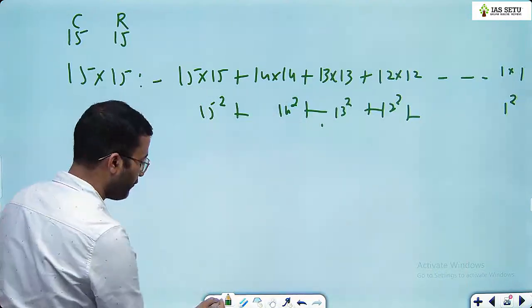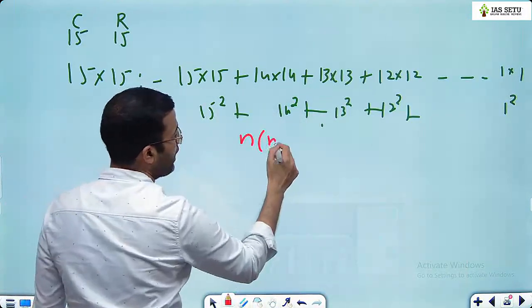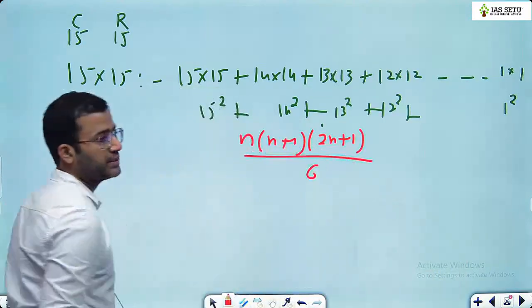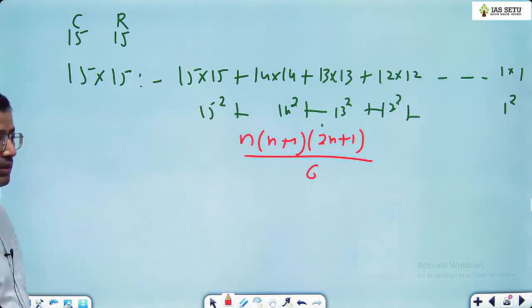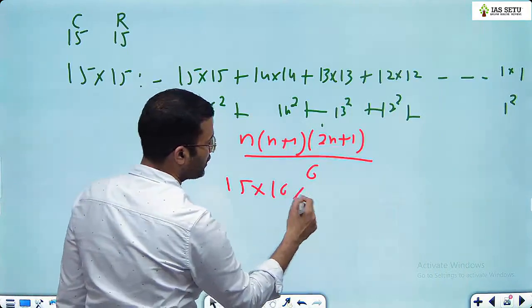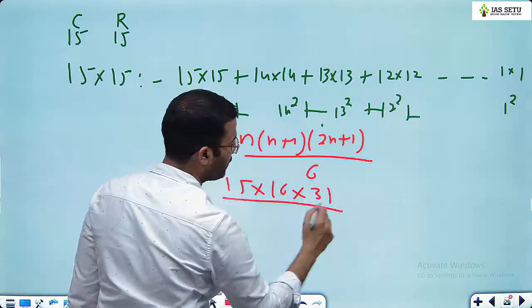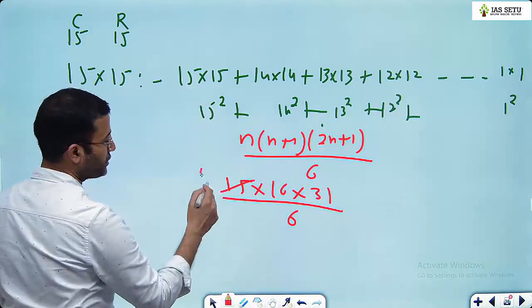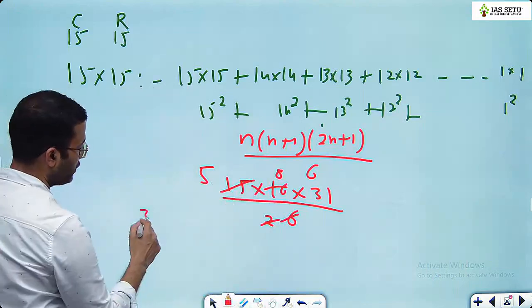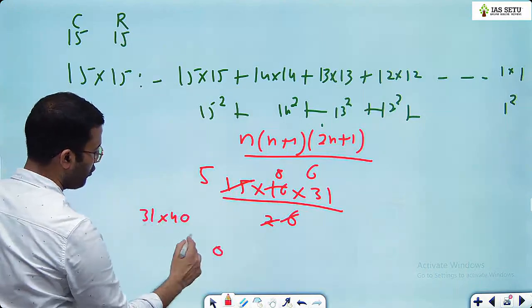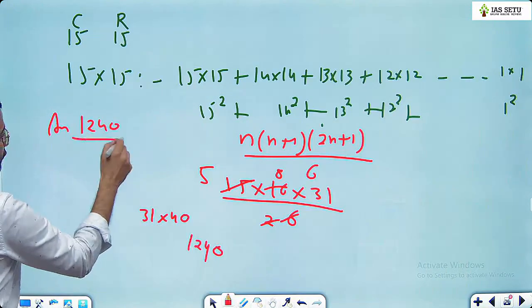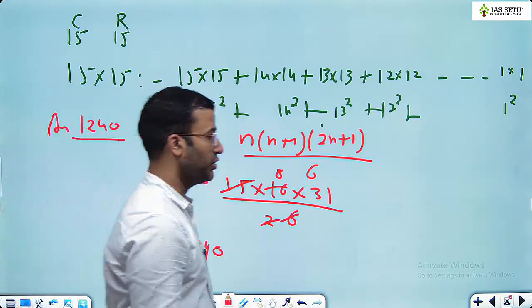What formula do we have for this? n into n plus 1 into 2n plus 1 divided by 6. Here you put the value of n as 15. 15 into 16, it is 30 plus 1, 31, divided by 6. This is 5, this is 2, this is 8. 31 into 40, 1240. So your answer is 1240 squares will be there in this figure.